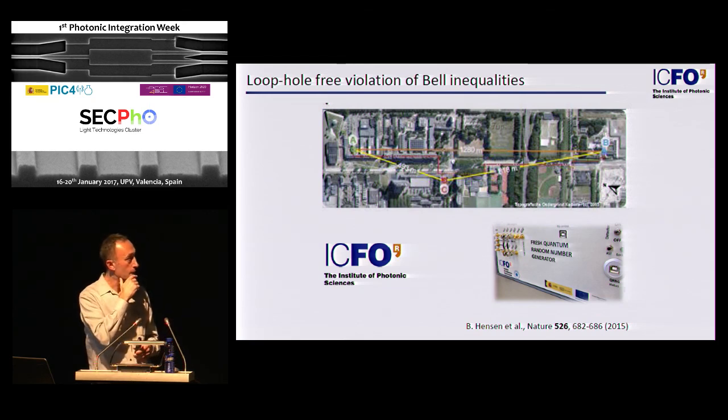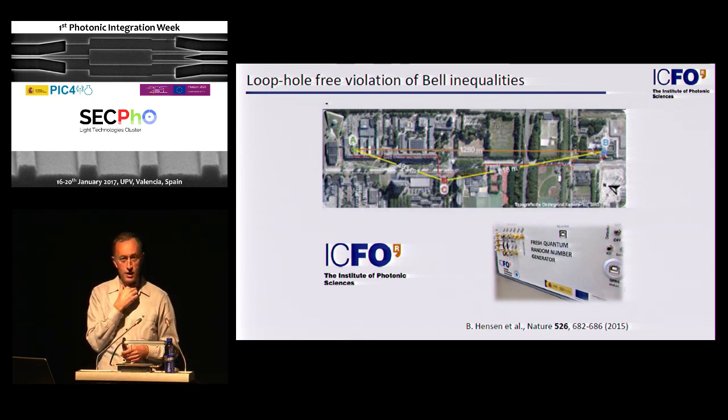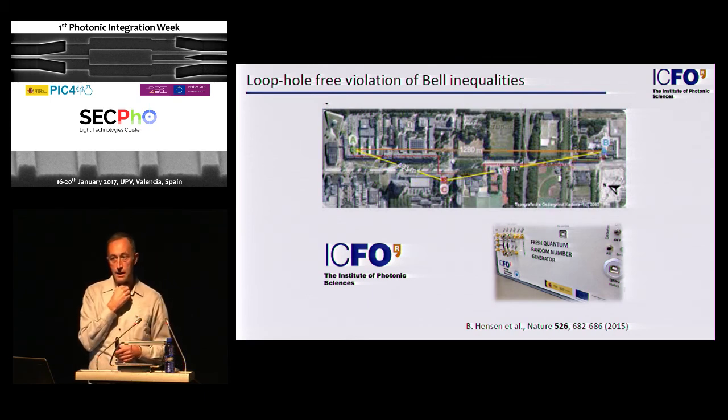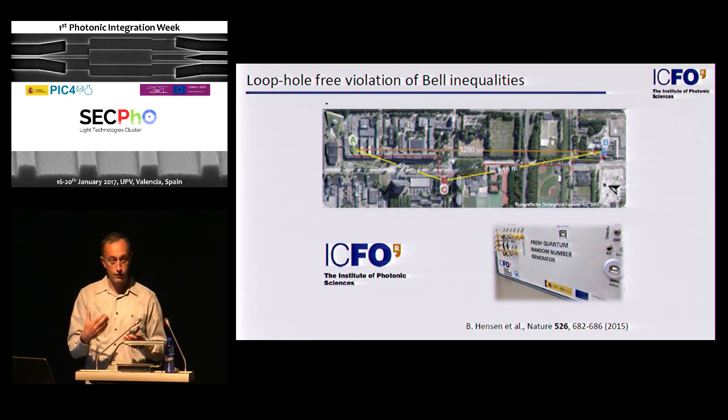So this is one experiment done by Delft, to prove that Einstein essentially was wrong, because they closed the loopholes and did Bell inequality experiments. And the quantum random number generator is the dice, the device that was starting the whole process, right?